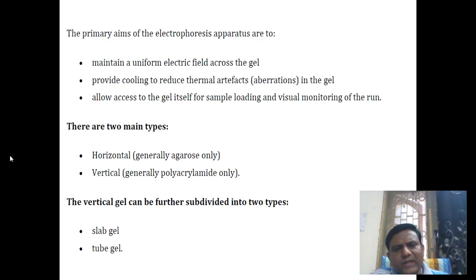And the vertical electrophoresis is again classified into two types: tube gel electrophoresis and slab gel electrophoresis.